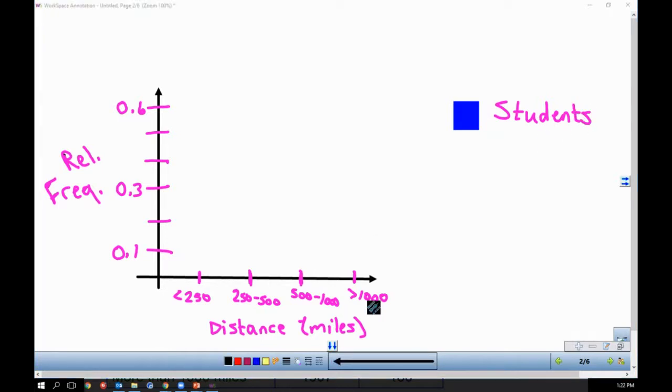And then for their parents, I'm just not going to color it in. I'm going to do just a blank. So that's our key or legend, whatever you want to call it.